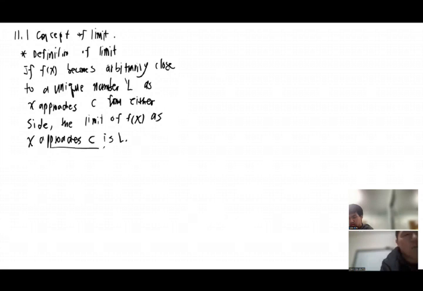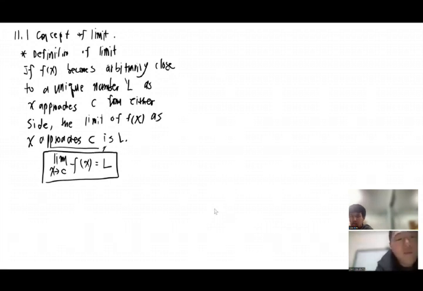If you use that basic symbol of limit, that should be limit as x approaches c of f(x) is L. So this is an easy way to define the concept of the limit with the constant value L.